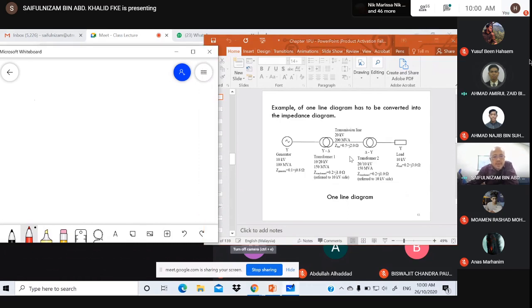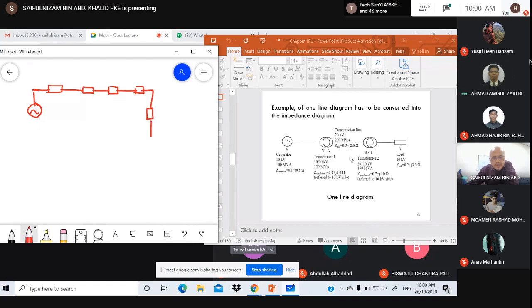No. You can draw the source, and then the impedance, I think you can put it like this, better, right? And then the transformer, and then the transmission line, and then T2, and the last one is the load, right?